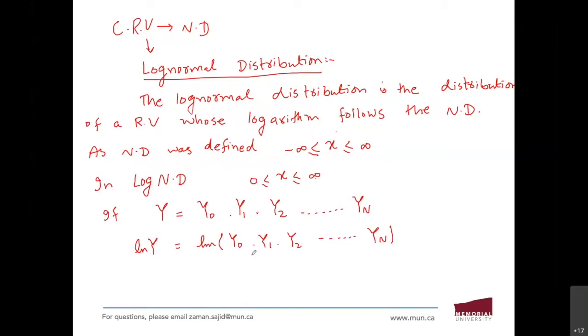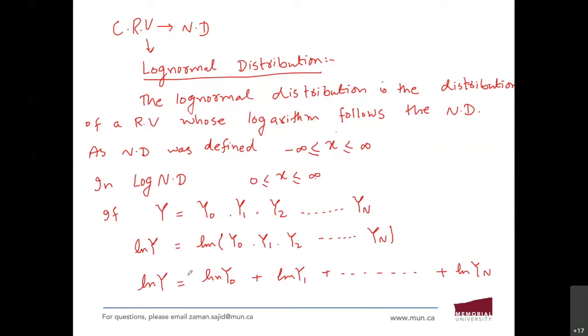Now according to the log property, these are being multiplied, so I can add them and apply the natural log to each and every term. So the right hand side will become natural log of y naught plus natural log of y1 plus, and so on. The n term will be plus natural log of y of n. That will be our last term, and the left hand side is natural log of y.